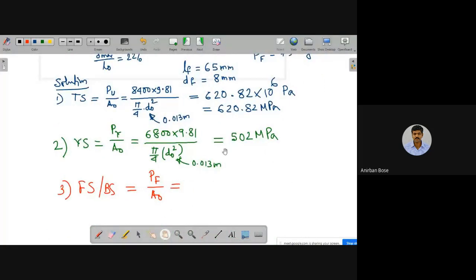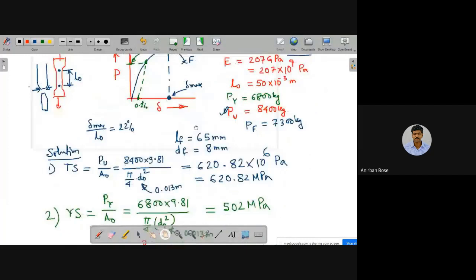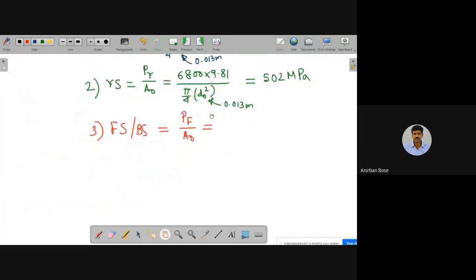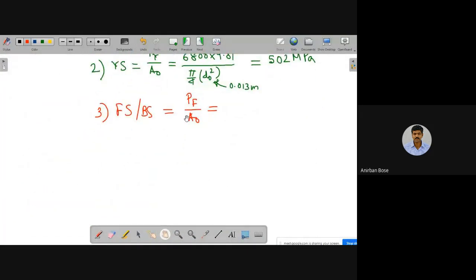Then you have to find out the percentage elongation and percentage reduction in area. So for the percentage elongation, what is the definition of percentage elongation? See, percentage elongation is the measurement of the ductility. If the percentage elongation is more, then it is a more ductile material.